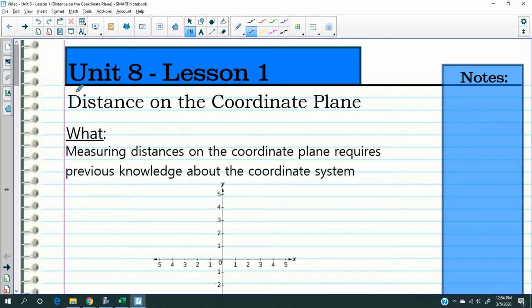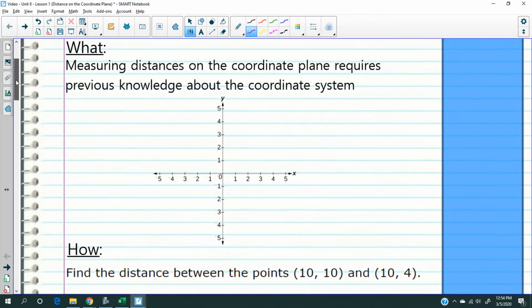Today, lesson 1, we're going to talk about how to find distance, how to find how long something is on the coordinate plane. That would require us to, once again, go over what the coordinate plane is. So let's review real quick. When we have a number line that goes horizontally, that is called the x-axis.